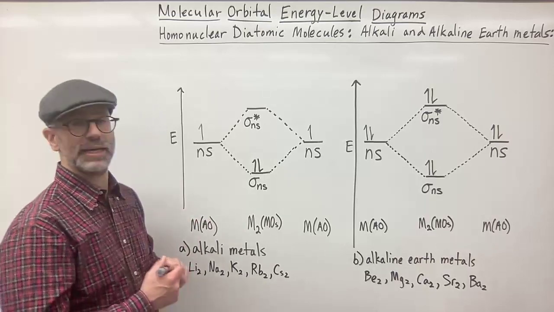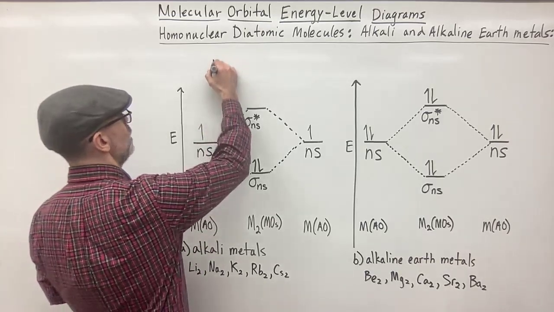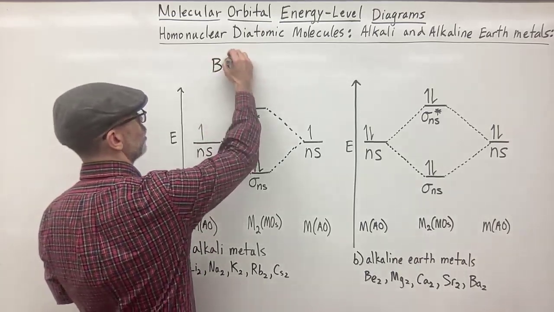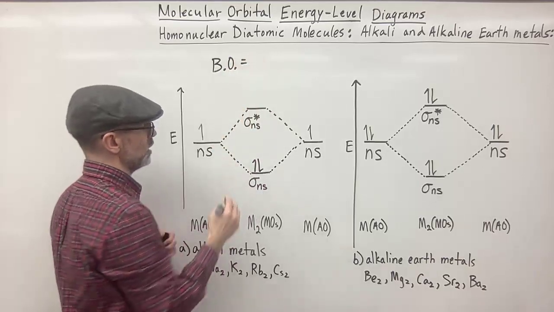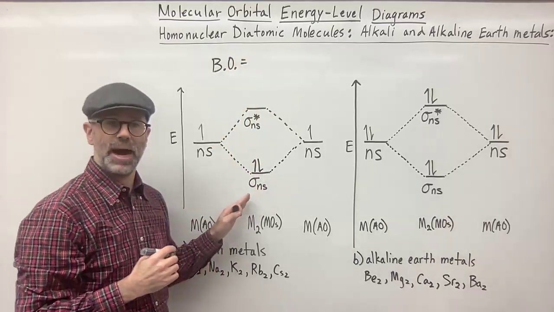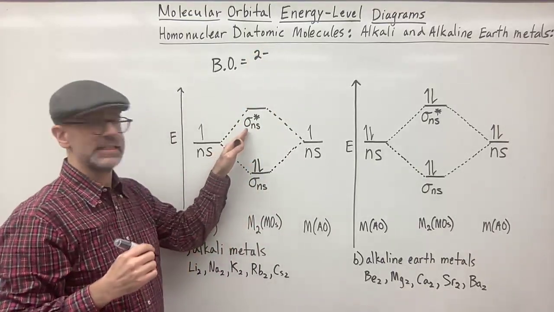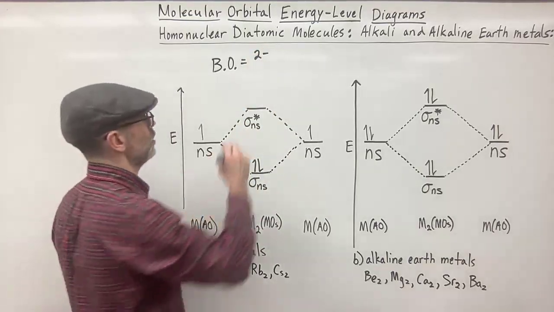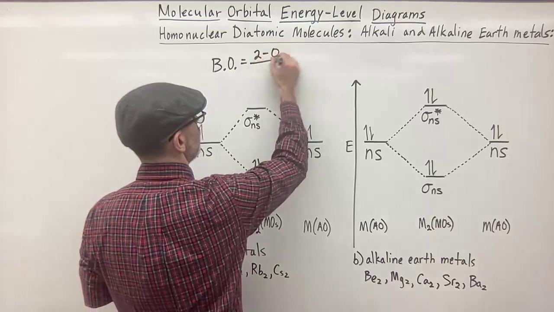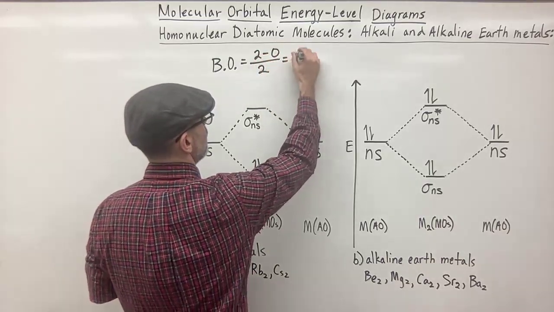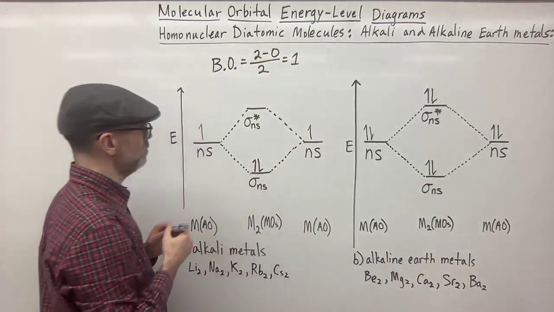And if we calculate the bond order here, the bond order is going to be equal to the 2 bonding electrons minus antibonding electrons, which is 0, divided by 2, and that gives us 1.